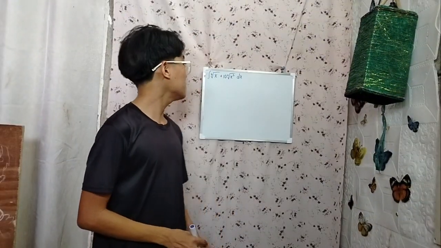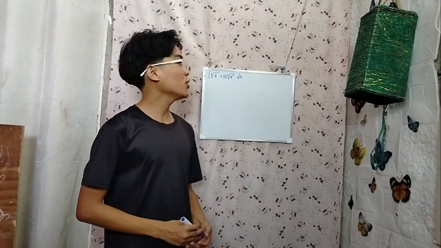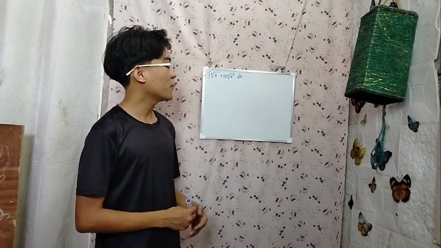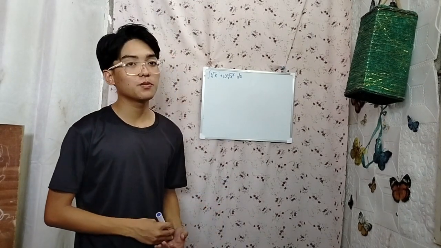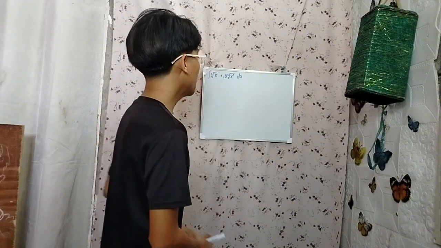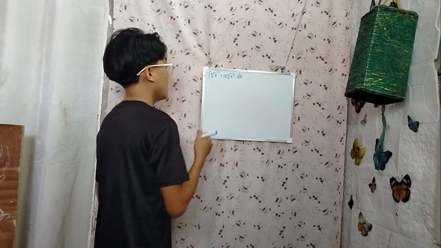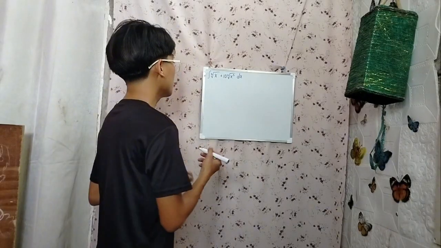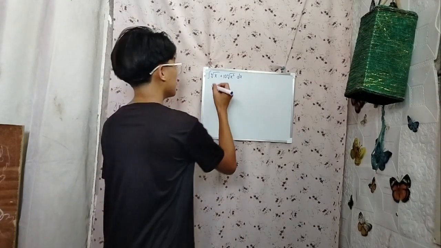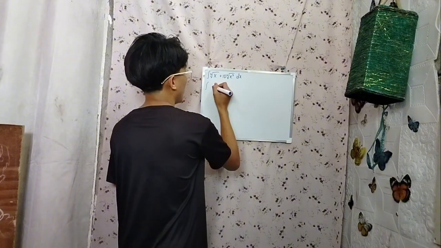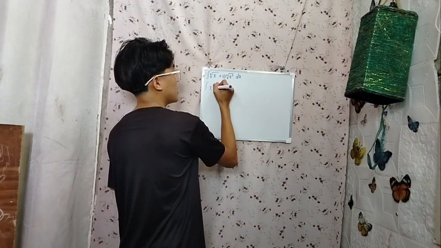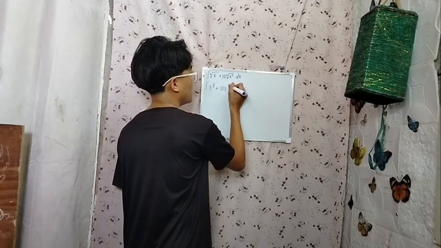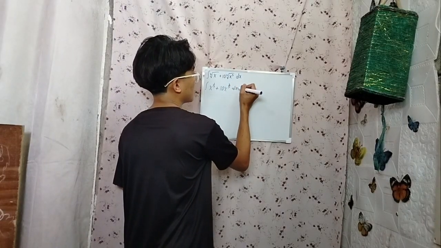So another problem is the integral of the cube root of x plus 10 times the fifth root of x cubed with respect to x. So first, let's convert the radicals into fractional exponents. So the integral becomes x raised to 1/3 plus 10x raised to 3/5 dx.